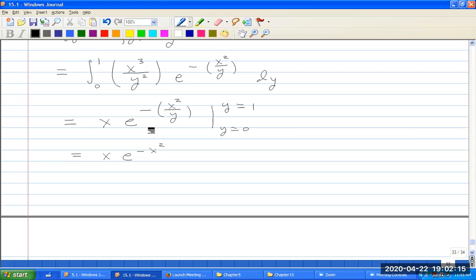If I plug in y equals 0, obviously I can't plug in 0, but I can take the limit as y approaches 0 of x e to the minus x squared over y.